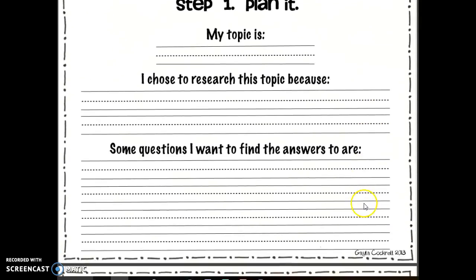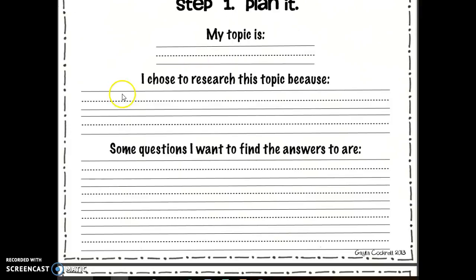Your next section is your planet. Now, the planet is a really big deal because today this is where you're going to put all the questions you have about your topic. So step one, planet. My topic is, again, since I'm doing golden doodles, I'm going to write the word golden doodles right here. You, however, are going to write whatever your topic is.